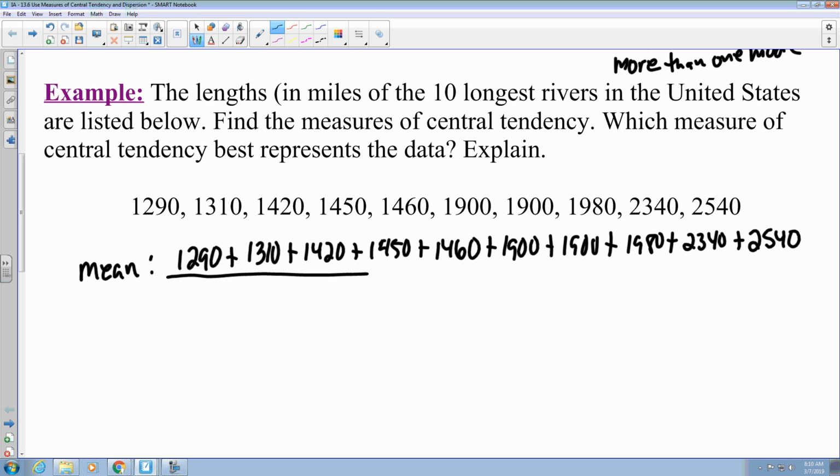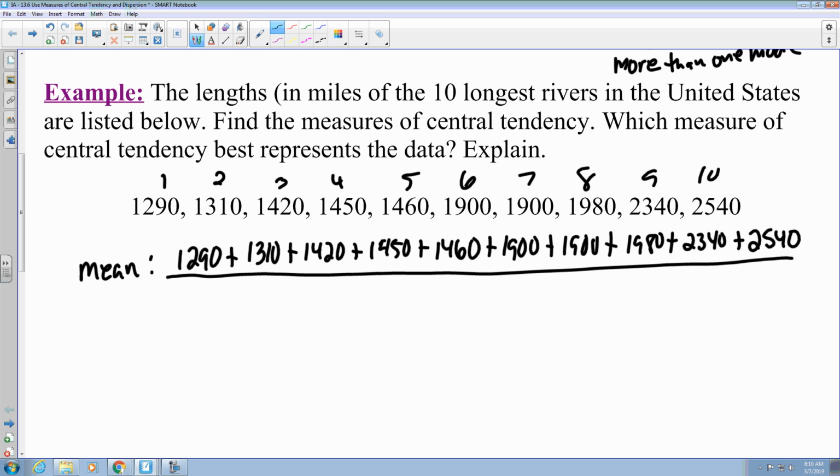It's all divided by the number of pieces of data. We have 1, 2, 3, 4, 5, 6, 7, 8, 9, 10, so it's all divided by 10.